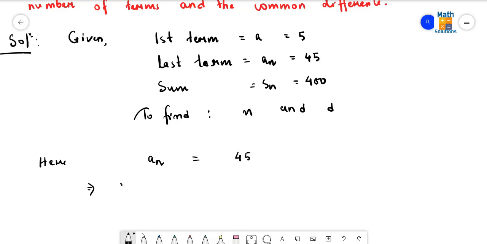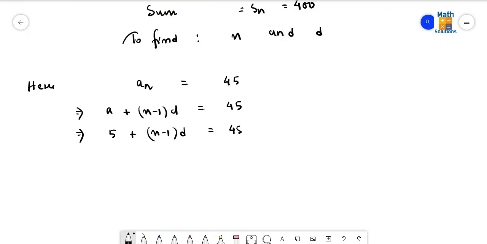Then a plus n minus 1 d is equal to 45. I get here a to be 5 plus n minus 1 d, and n and d, these two things we do not know. So I can write this entire term n minus 1 into d as 45 minus 5, and this will come as n minus 1 d is equal to 40.